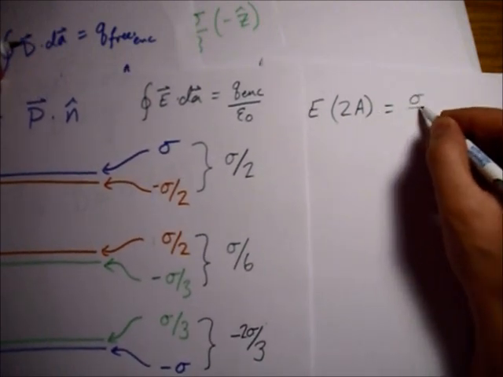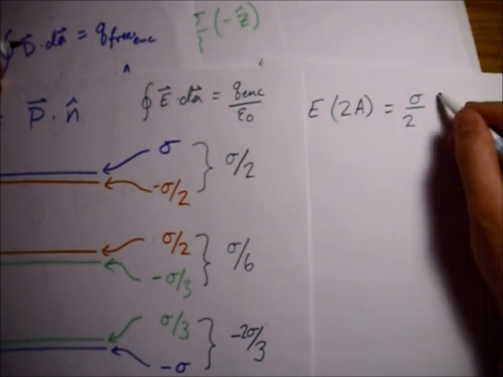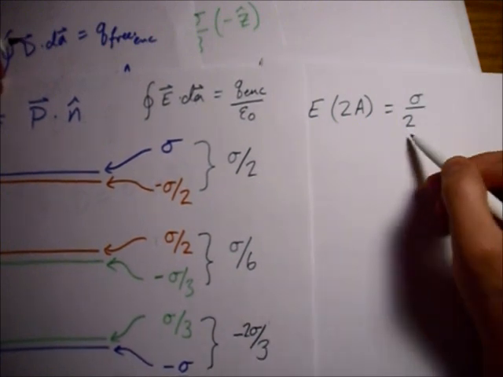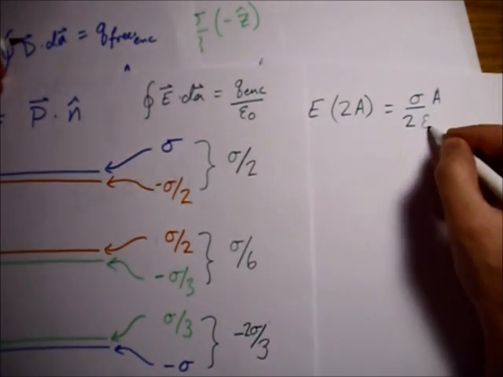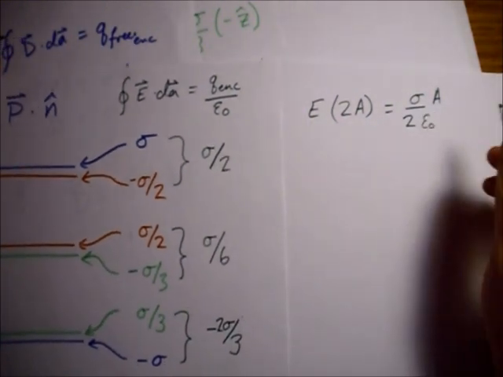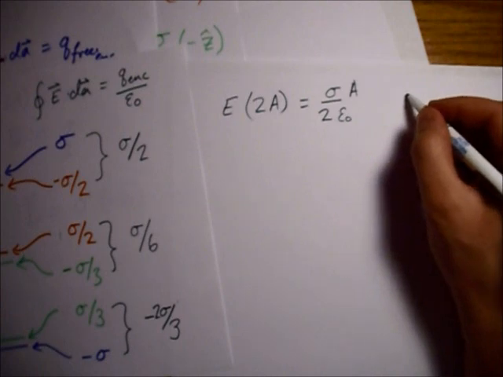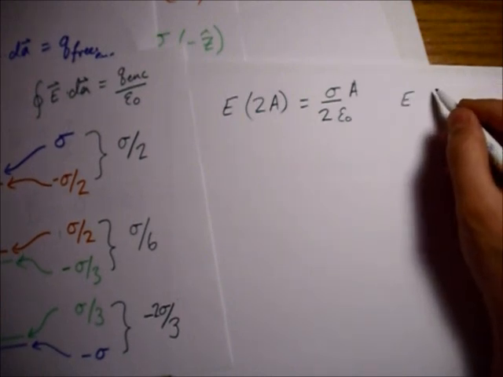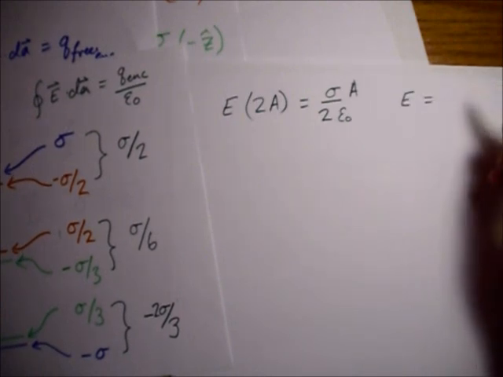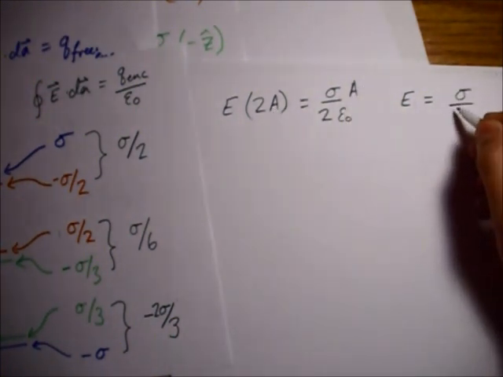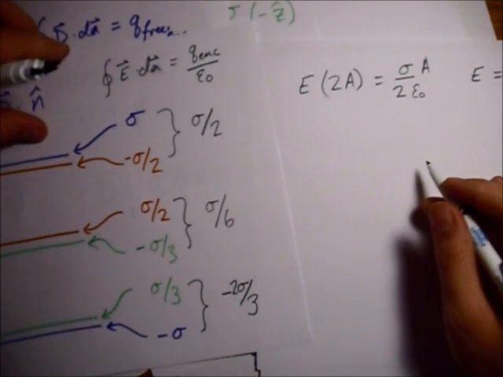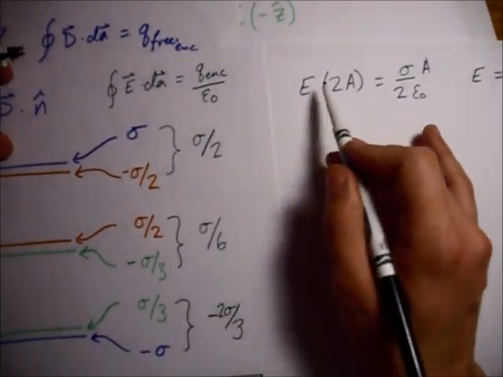To get charge from charge density, we multiply by an A. And we have epsilon naught underneath. So this gives us an E equal to, the A's are going to divide out, sigma over 4 epsilon naught. That came from this piece right here.